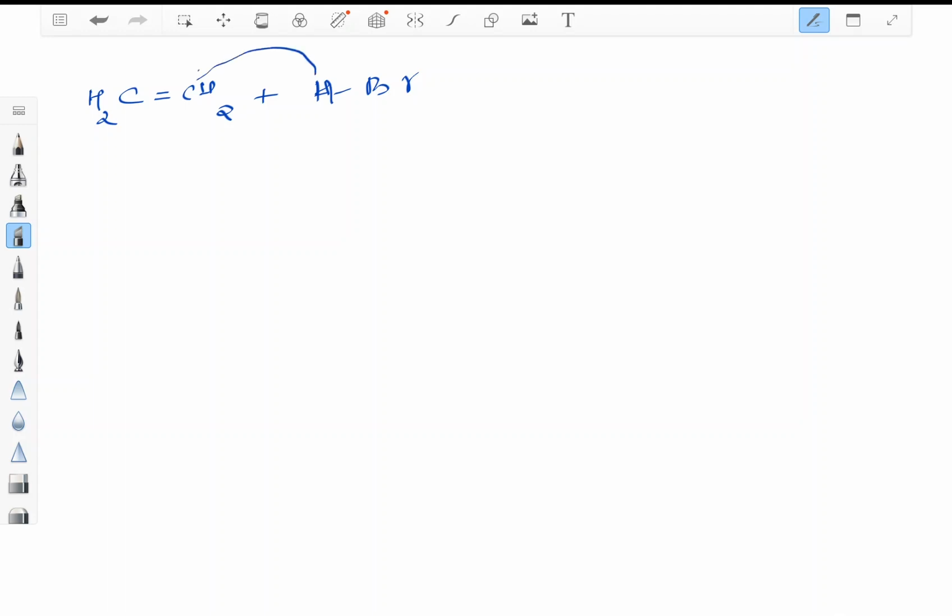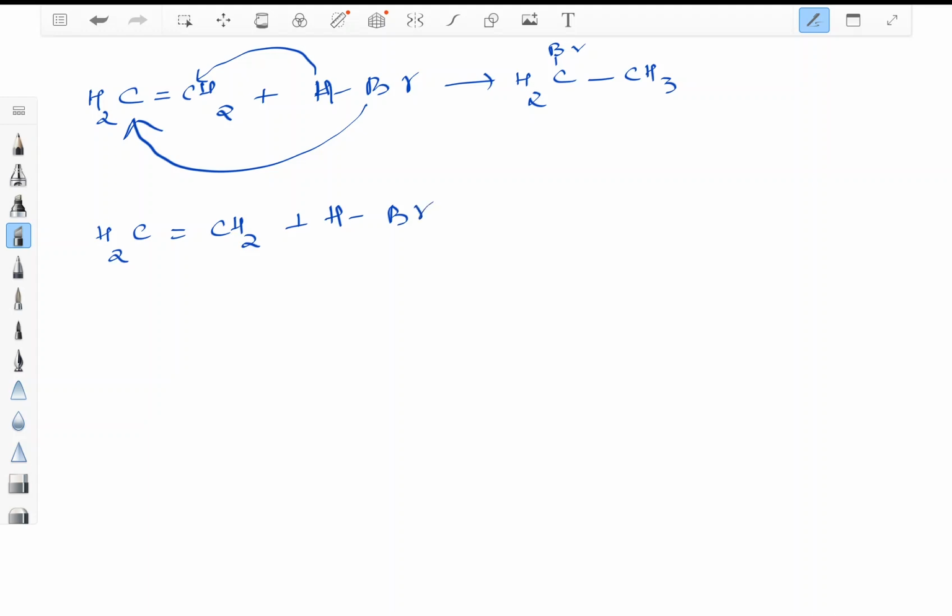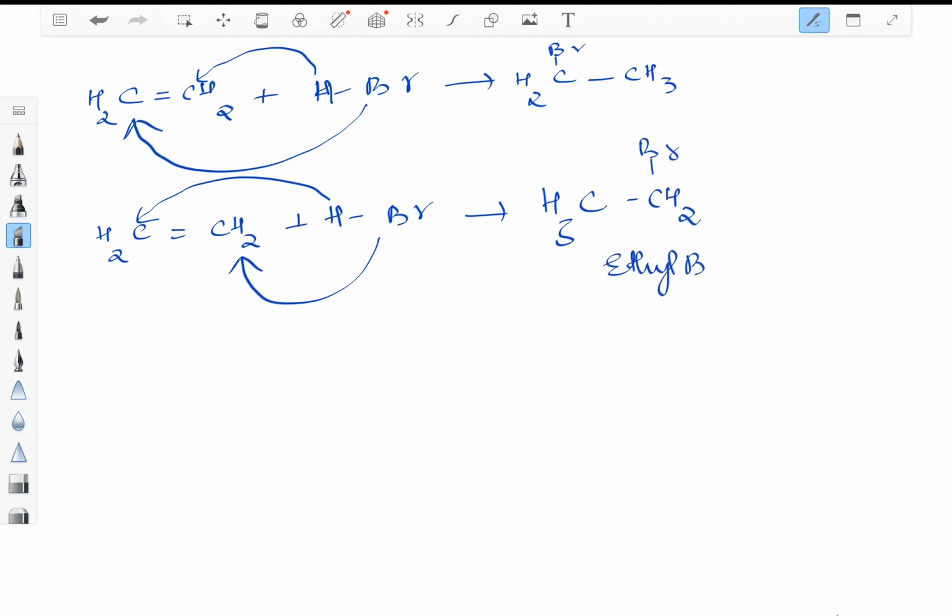If hydrogen shifts here, Br will shift here, and this results in the formation of CH2Br-CH3. You know how this double bond breaks with the formation of the carbonium ion. The second option is CH2=CH2 plus HBr, where hydrogen shifts here and bromine shifts here, and this results in the formation of CH3CH2Br, which again is also ethyl bromide.